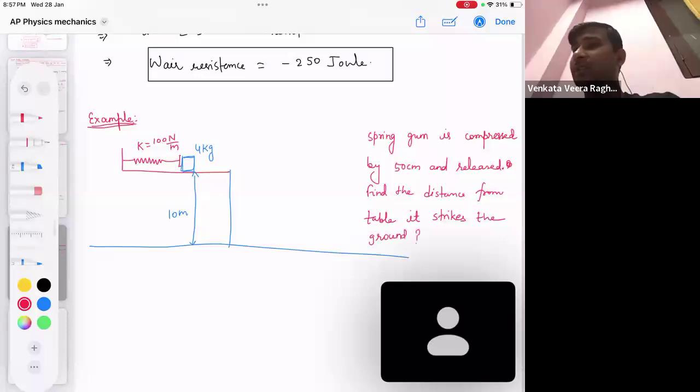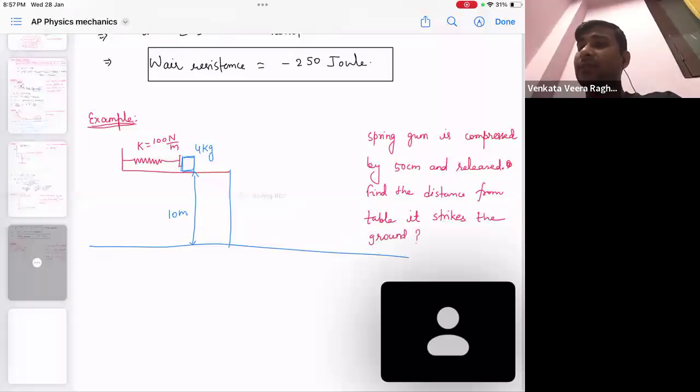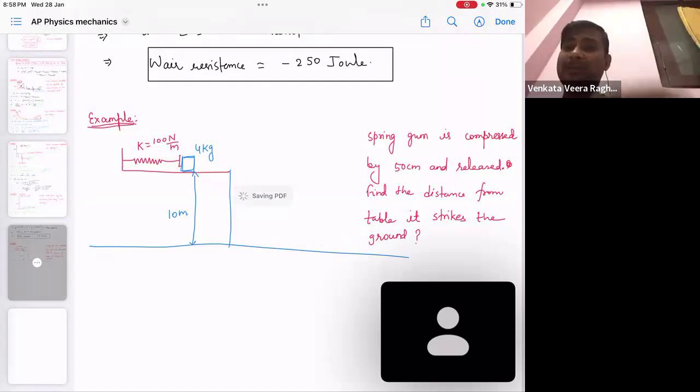So that is what they ask in the question. Understood? First find out with what velocity it left the table, and then apply the projectile motion concept. Please tell me, understood this one?